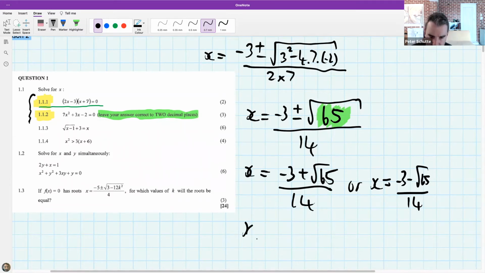I get X is 0.36 on this side. Oh, another Tando. Let's see what you get. And then on the other side, I get minus 3 minus the square root of 65 divided by 14. And I get minus 0.79.